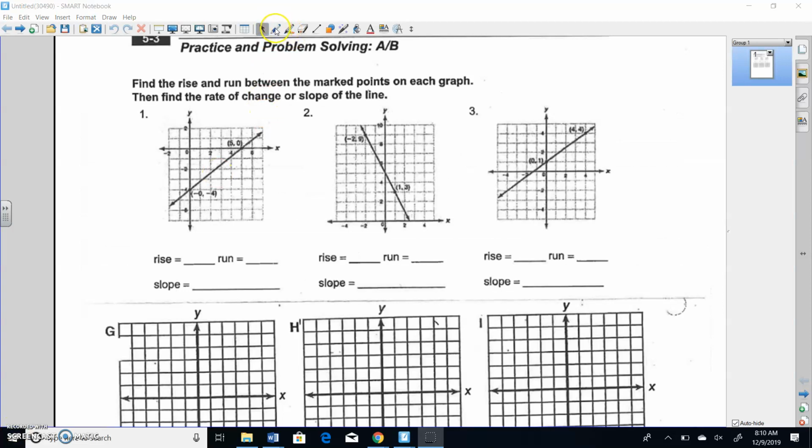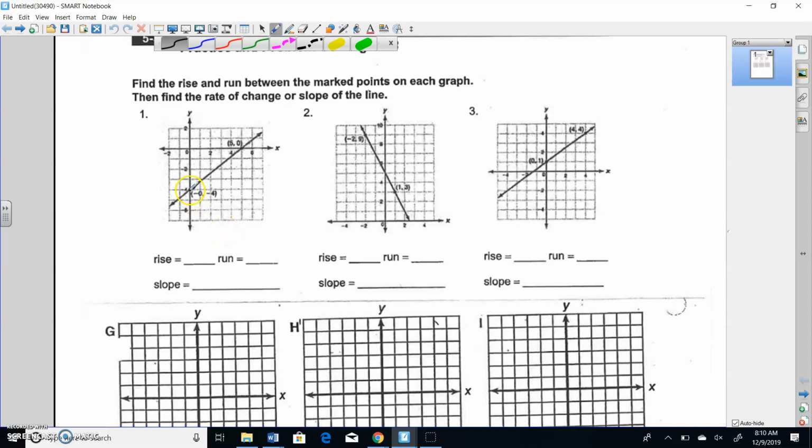All right, on this first one, it's asking us to define the rise and run between the marked points on each graph. Then find the rate of change or the slope of the line. So the two marked points are (0, -4) and (5, 0). So we want to start with one of those 2 points. I just like to go left to right, but it won't matter because we'll get the same slope either way.